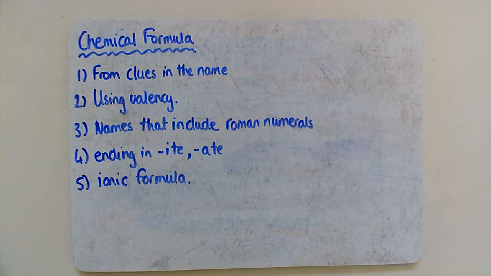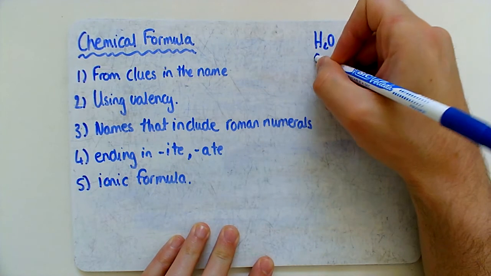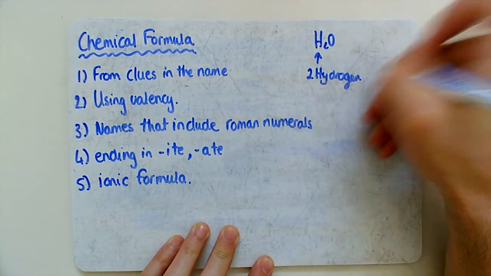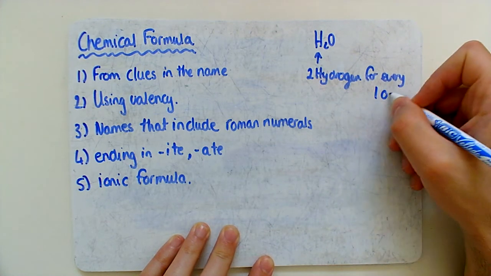So for example, H2O is water, and that means it has 2 hydrogen atoms for every 1 oxygen.